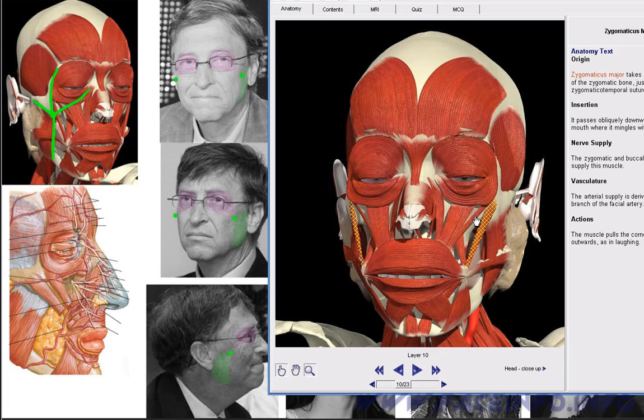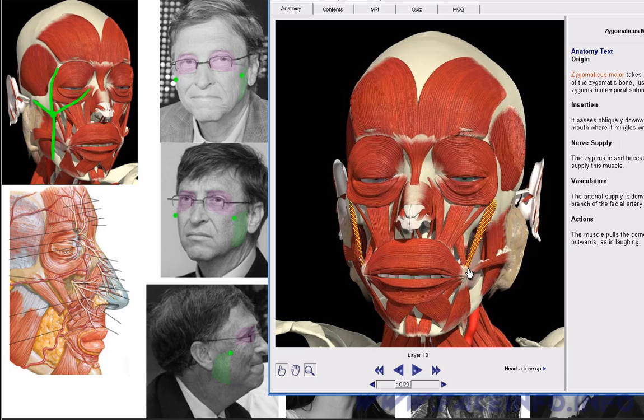The major and the minor zygomatic muscles both start at the zygomatic bone. The lesser goes here and joins the orbicular mouth muscle and the skin, and the greater goes to the mouth corner.